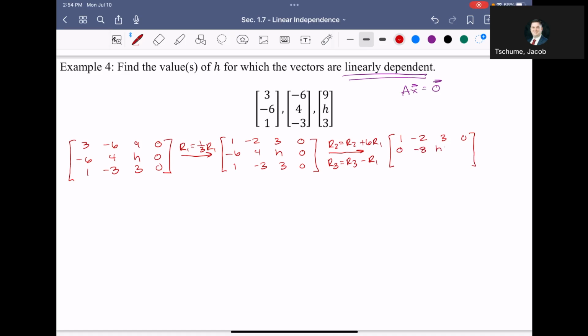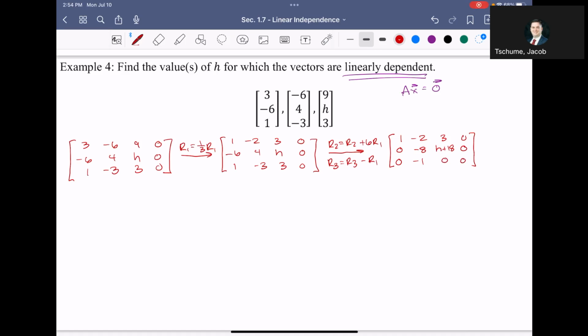Then you're going to have h plus 18 and then 0. And then for your last row, you're going to end up with 0. Negative 3 plus 2 is negative 1. And then you've got 3 minus, oh no, sorry, looked at the wrong row. Don't do that like I did. Then you'll have 3 minus 3, which is 0, and then 0.